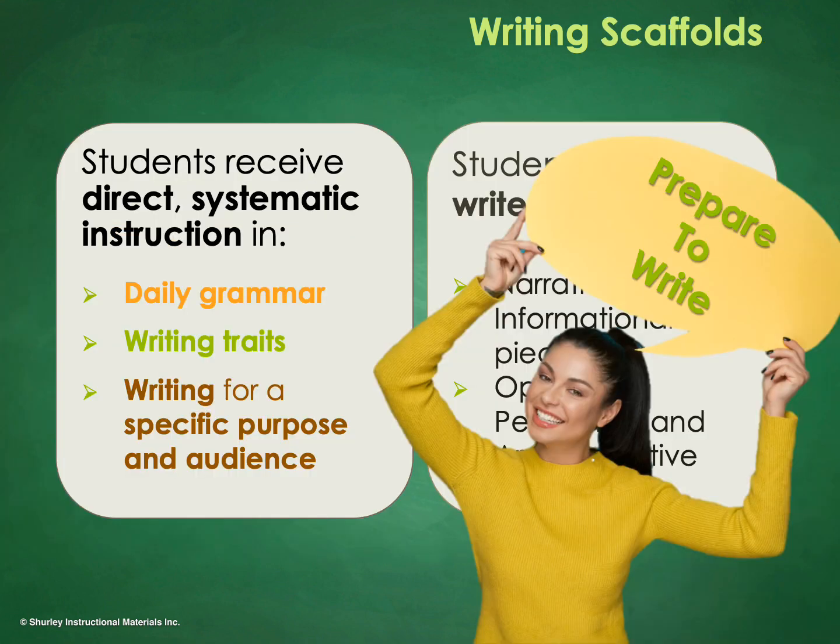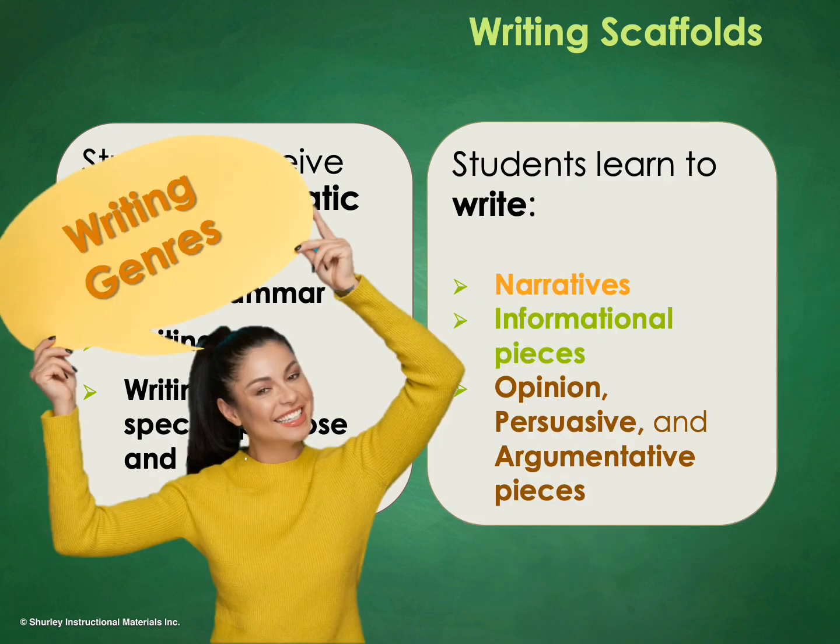Let's talk a little bit more about writing scaffolds. Shurley English students receive direct, systematic instruction in daily grammar, writing traits, and writing for a specific purpose and audience. Many opportunities will be provided throughout the grade levels as students learn to write narratives, informational pieces, opinion, persuasive, and argumentative pieces.